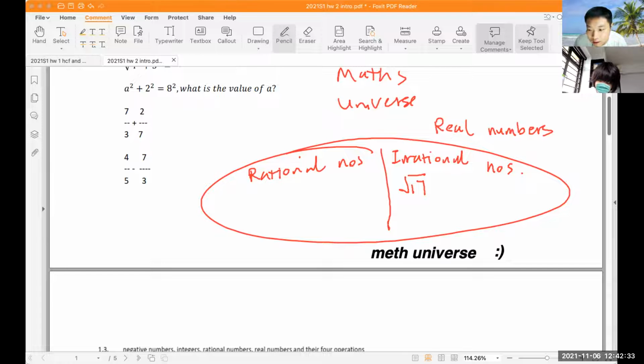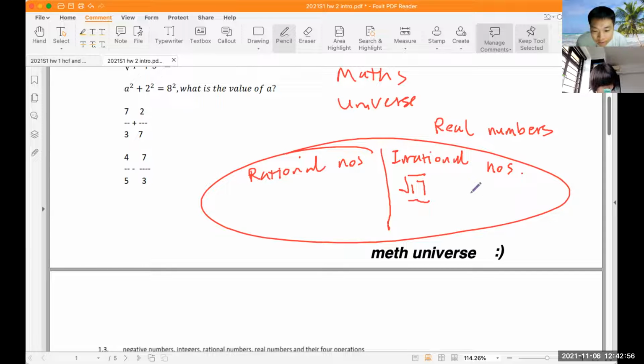This is indefinite, you don't get a definite answer. So if you cannot get a definite answer, you need to use irrational numbers to represent that number. So there is a place for irrational numbers to exist.